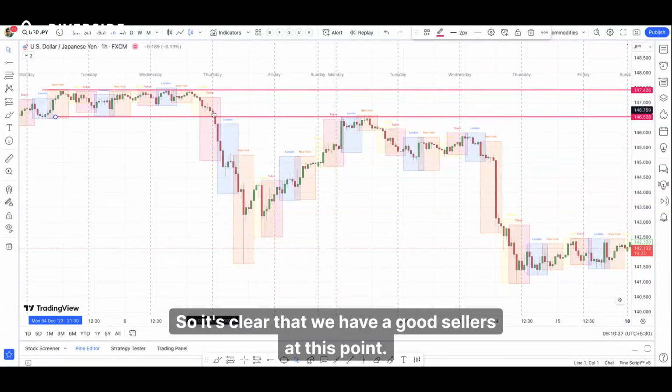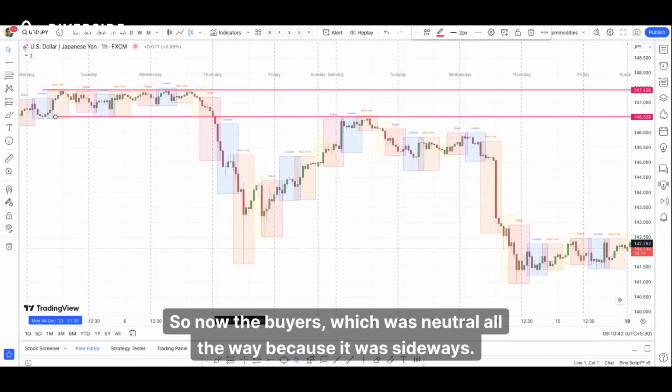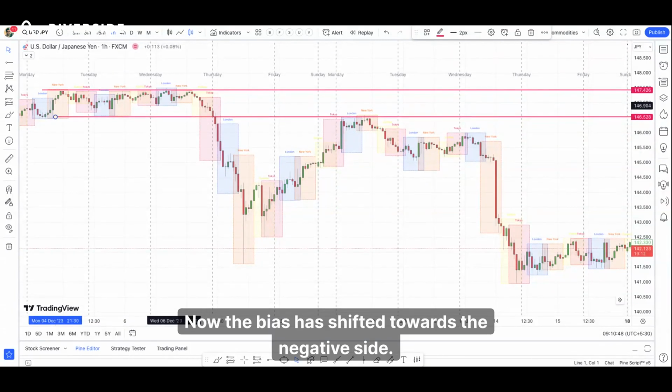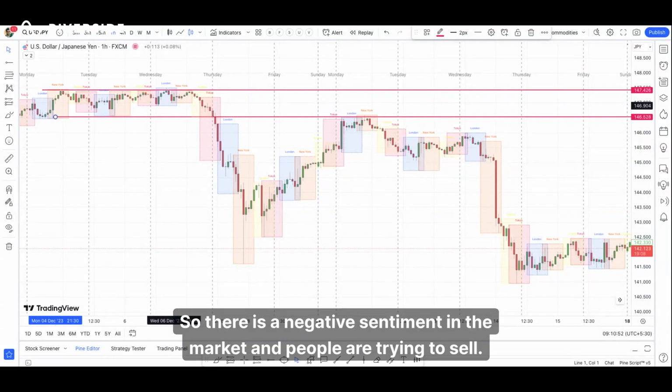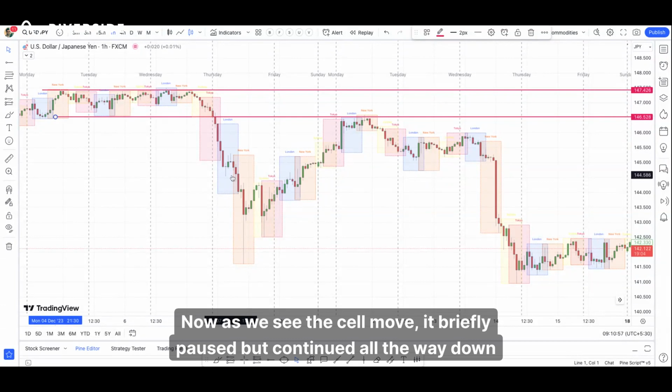So it's clear that we have good sellers at this point. The bias, which was neutral all the while because the price was moving sideways, has now shifted towards the negative side. There is a negative sentiment in the market, and people are trying to sell.